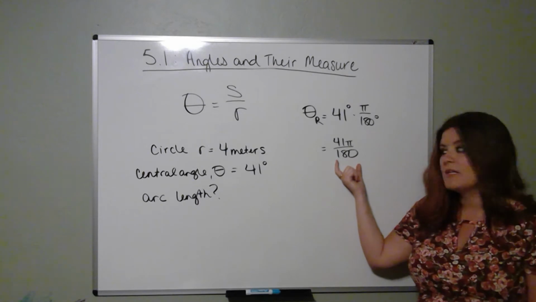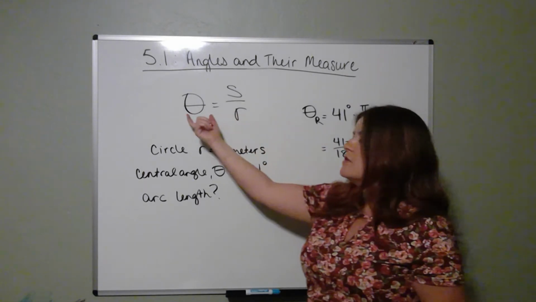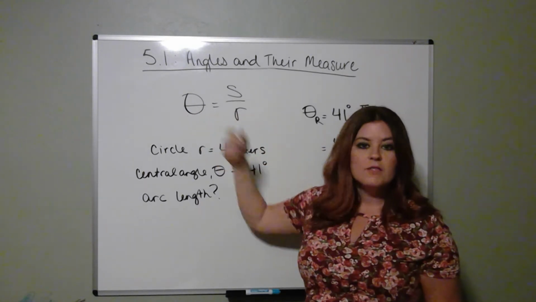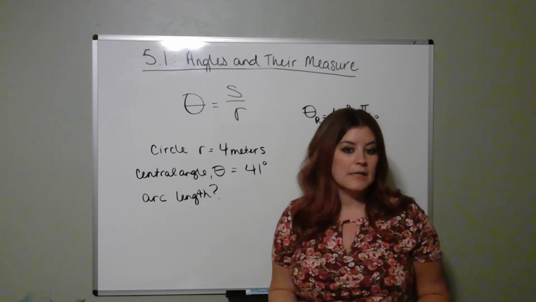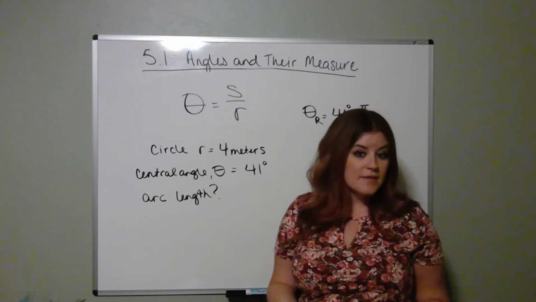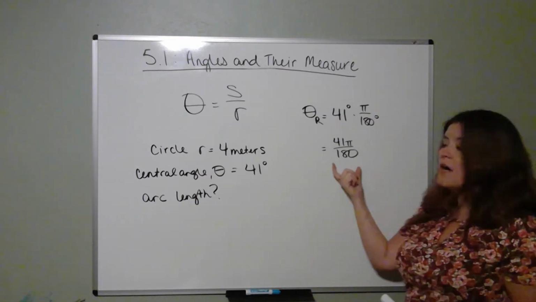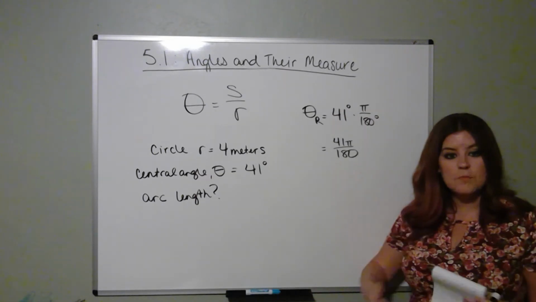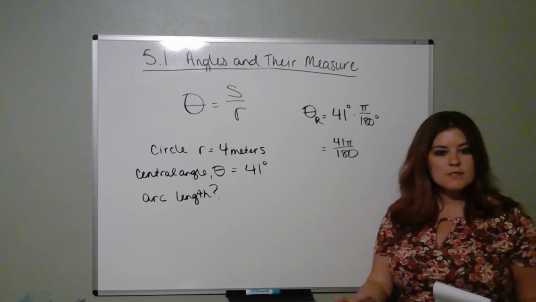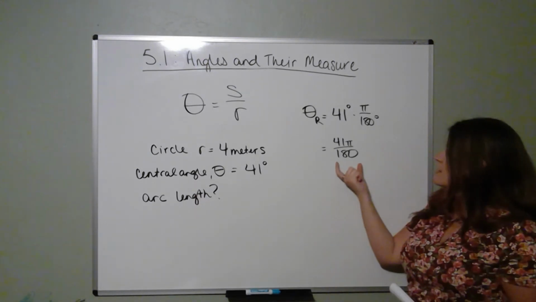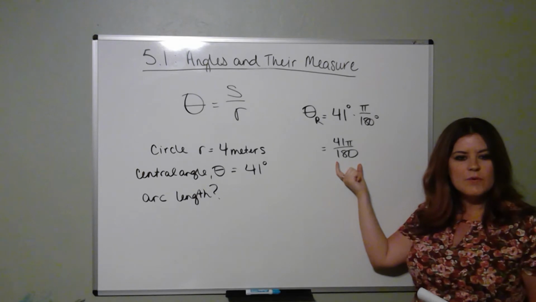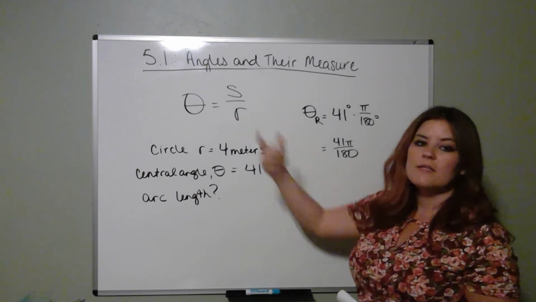I haven't rounded anything yet, and use it to solve the equation to cut down on rounding error? I think it's a great idea. Anytime you can not round a value that's part of your solution, then don't round it, just wait. So let's just call this 41 pi over 180 and then continue with the problem.